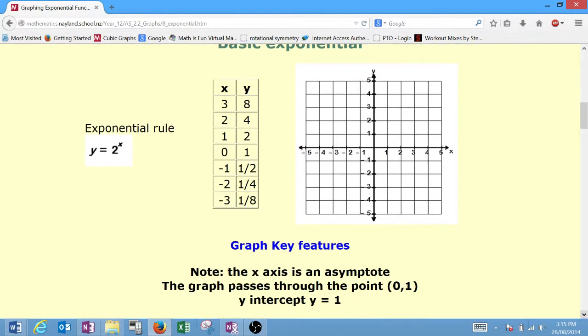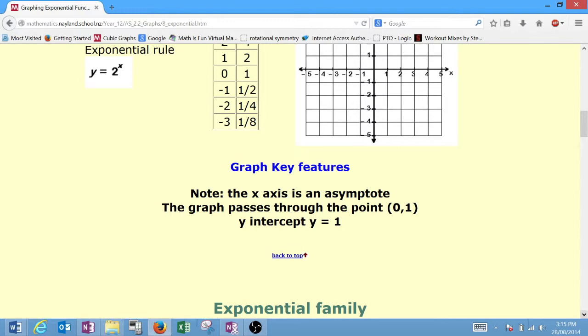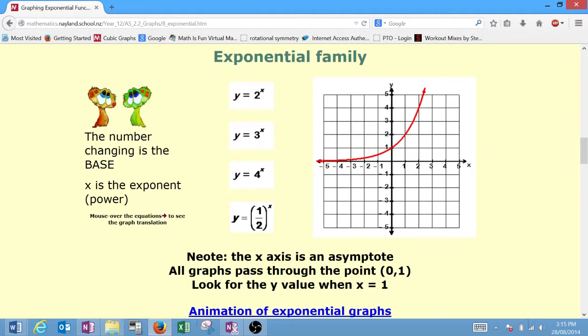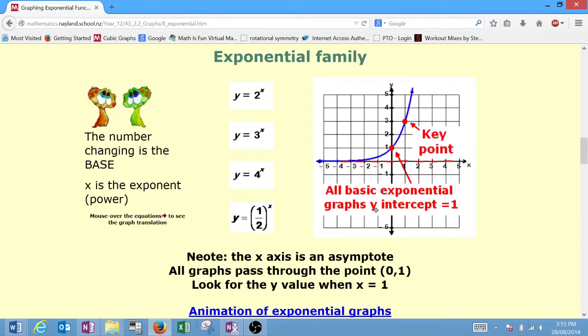If we then move on, we're going to look at the different numbers. This is what we looked at the other day. If the number changes from 2 to 3, it's still going to go through the point 0, 1, but this time it's going to go through the point 1, 3. So those key points have changed.